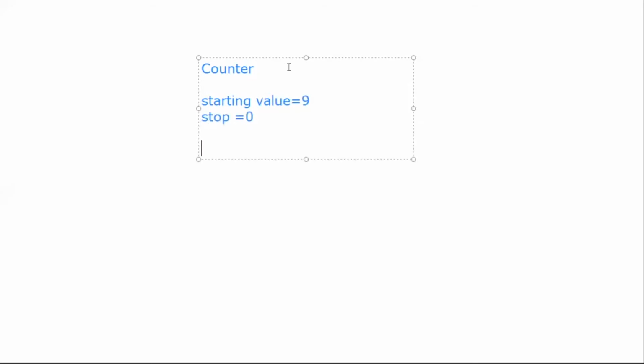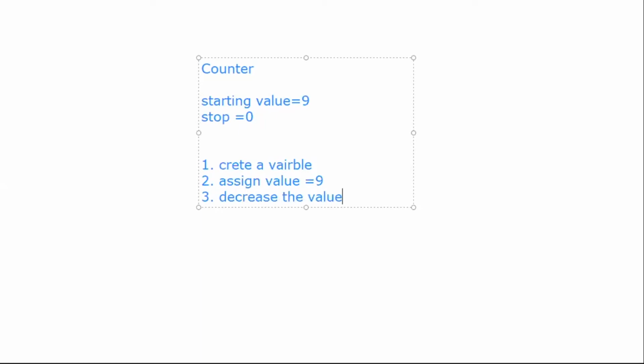So how can we make it? What are the steps? Step 1, create a variable. Next, assign value equal to 9. Then later, decrease the value. And the fourth one, display the value, because we need to see whether it is decrementing or not.